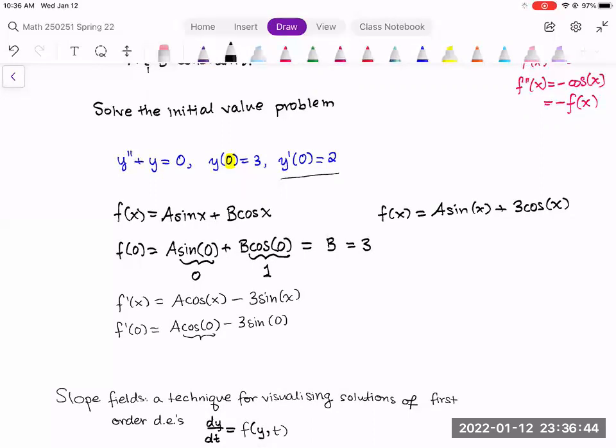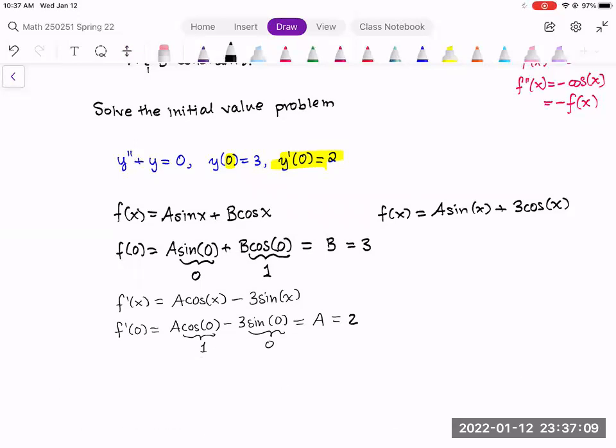And of course, cosine of 0 is 1, sine of 0 is 0. And so this is just a. Okay, so our condition was that the derivative at 0 should be equal to 2. So that means that a must have been 2. And so we've successfully found our solution. F of x must be 2 sine x plus 3 cosine x. Cool. Great.